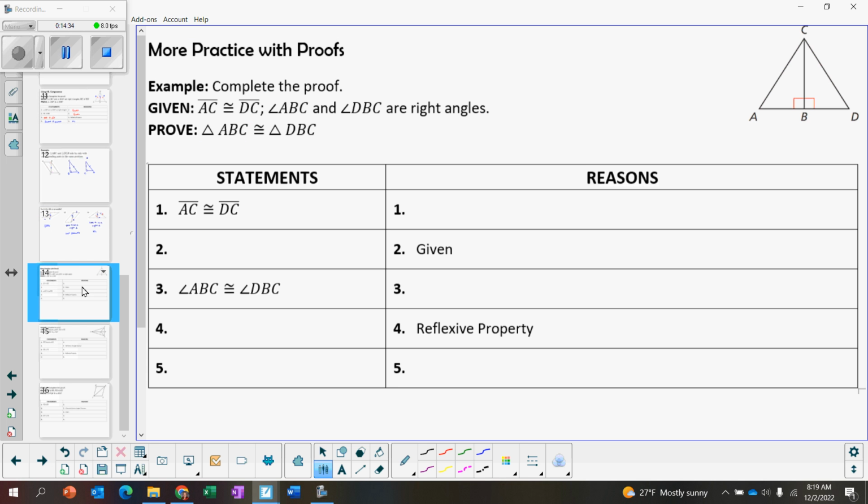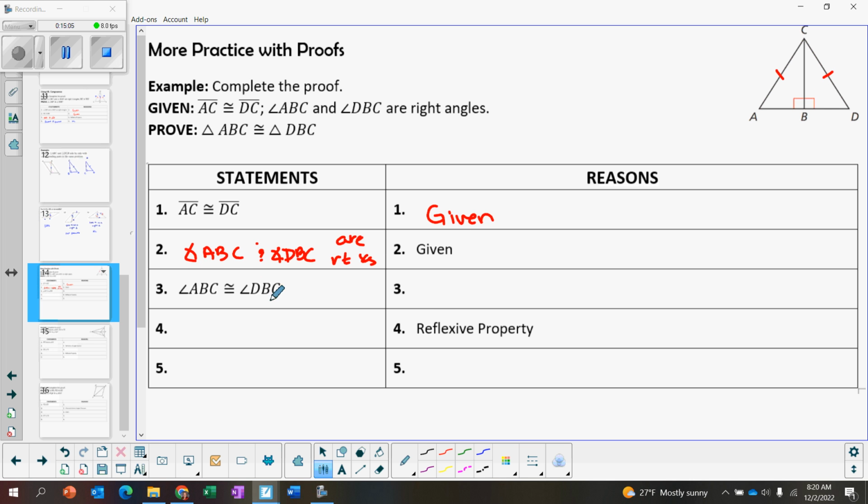All right, a little bit more practice with some proofs. So we're given that segment AC is congruent to segment BC. And we're given that angles ABC are right angles.